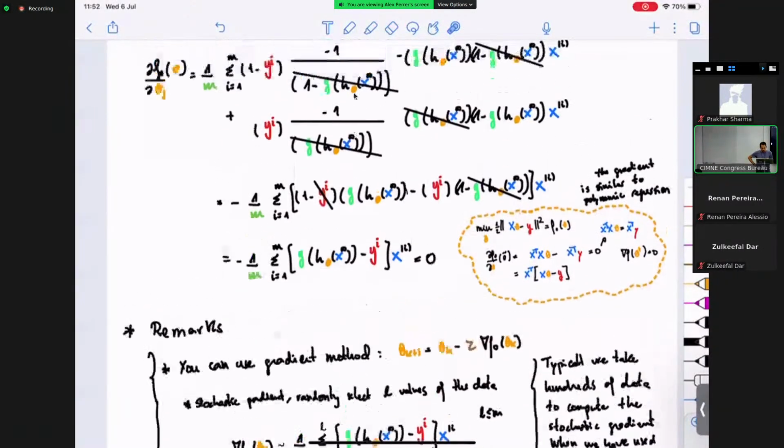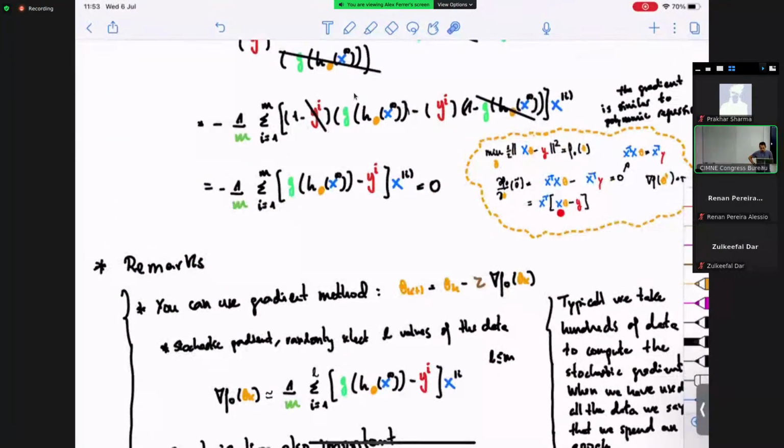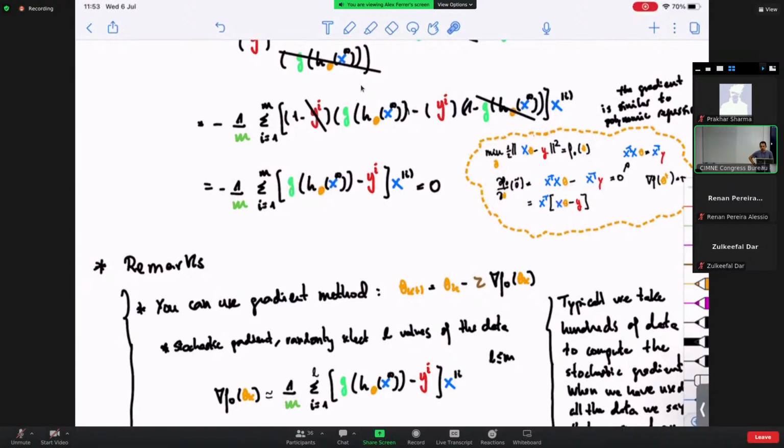And also, you see that we can simplify this with this, and we can take a factor, and then we end with this formula here, which is a very simple formula, and reminds us of the least squares problem gradient. So the gradient is the same as the least squares problem, but instead of having x of theta, we have g of x of theta. So we pass the sigmoid function to here.